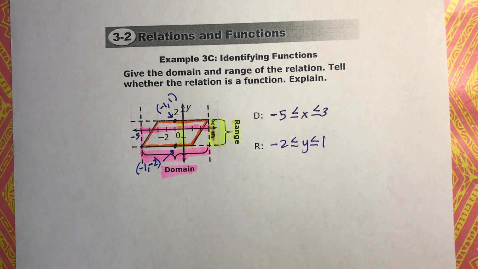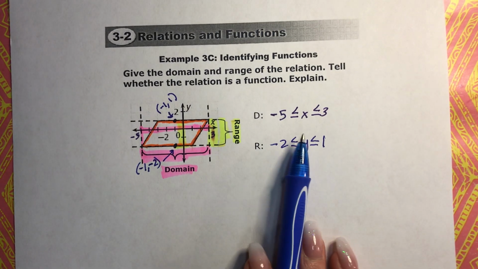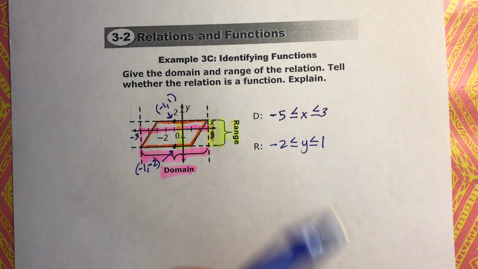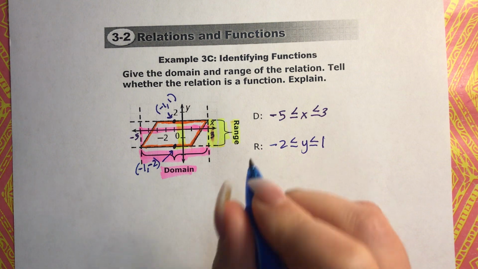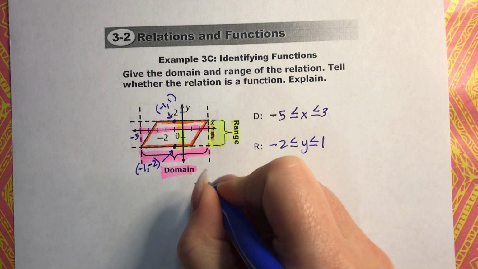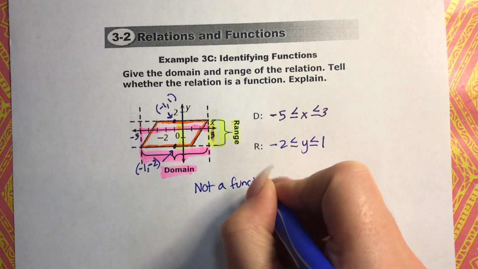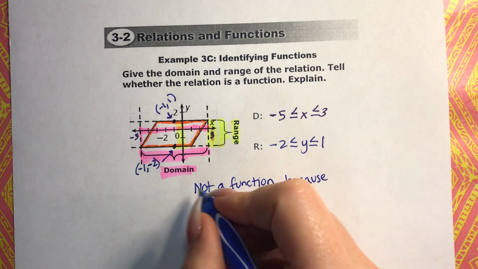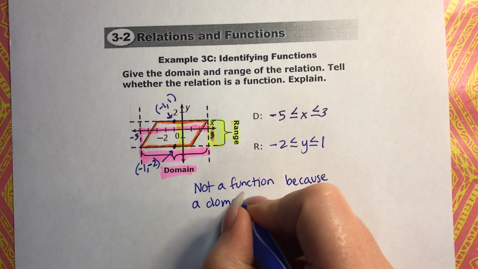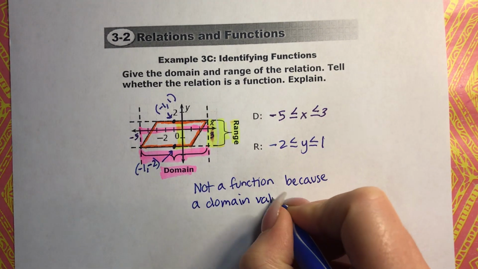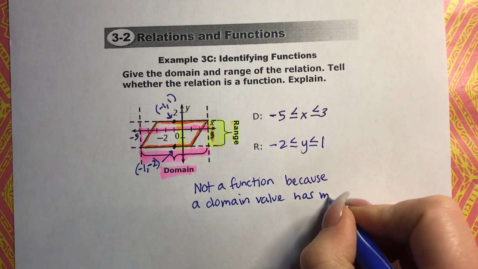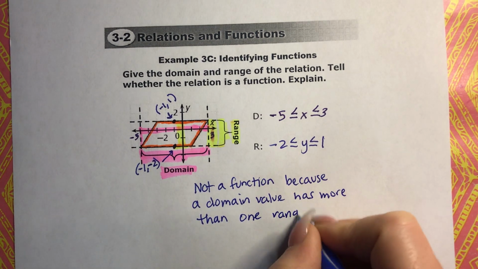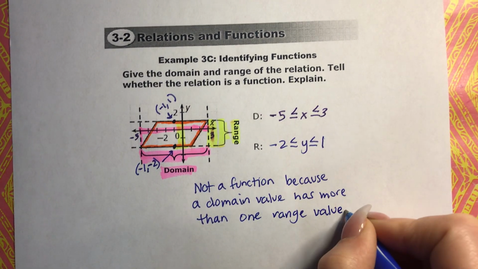Because of that, it is not a function. What we would say is that this is not a function because a domain value has more than one range value, which is the case.